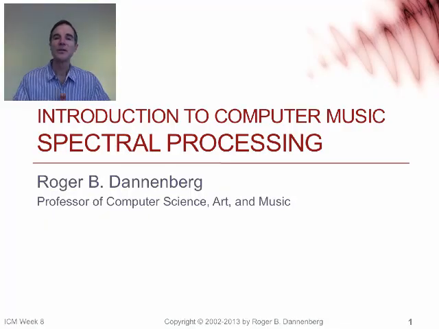So now we're going to continue and talk about the general process of converting from a time domain representation to a frequency domain representation where you can operate in the frequency domain, and then reconstructing the time domain signal by doing inverse transforms from the spectral domain back to the time domain.